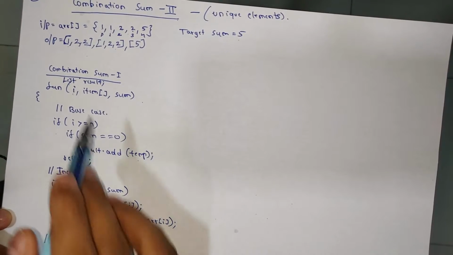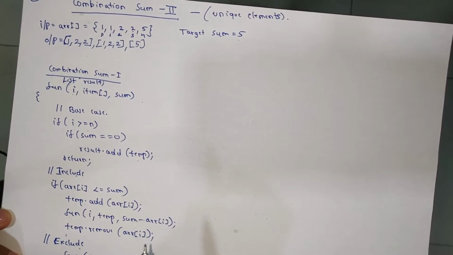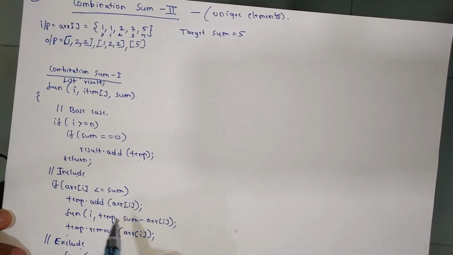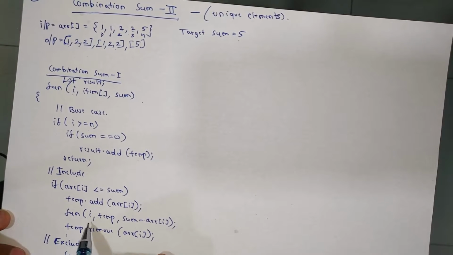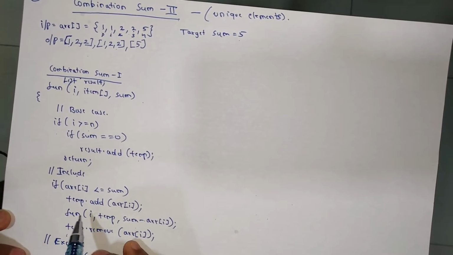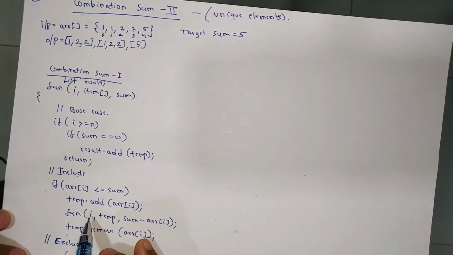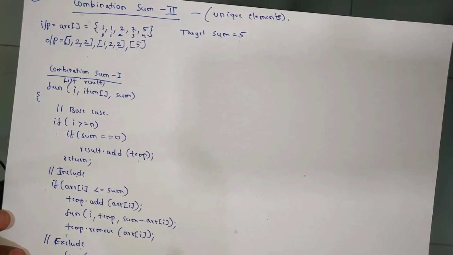Basically I'm adding it to the temp variable, right? And then I'm making a recursive function call. In this function call, I am not doing +1 here. If you see, the index is still I, because we were allowed to take multiple instances of the same index element, right?